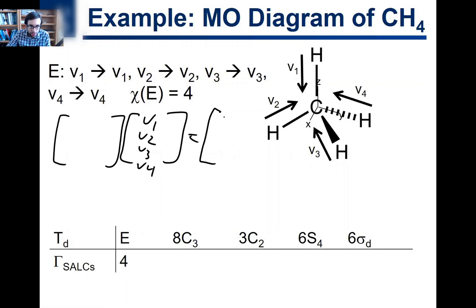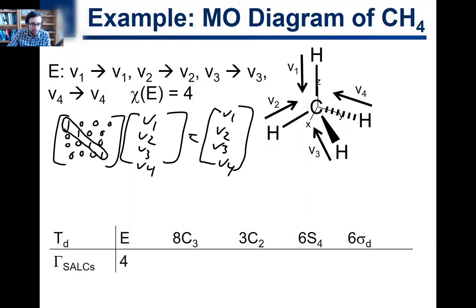For identity, we know that V1 goes to V1, V2 goes to V2, V3 goes to V3, and V4 goes to V4. That's what I have written here. We're going to have ones across the board and zeros everywhere else. The character of this matrix is the sum of the values along its main diagonal, so the character is 1 plus 1 plus 1 plus 1, which is equal to 4. So we put down a 4.